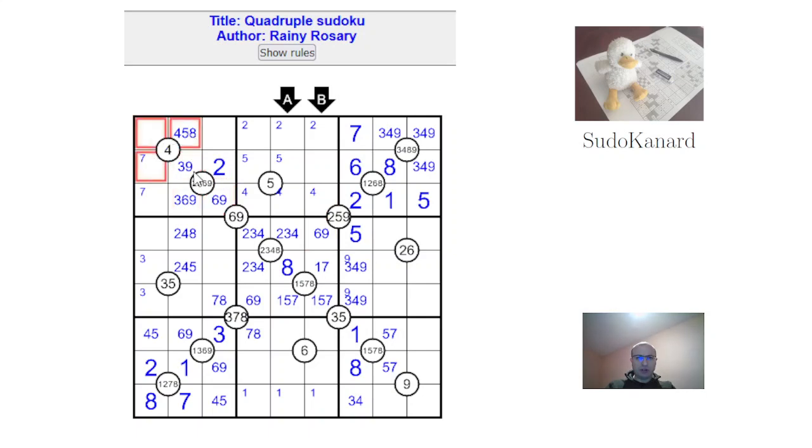There's a 4 somewhere here, and we have those 4 digits. The remaining 4 digits are 1, 5, 7, and 8. And look at that, it can't be 1, 5, or 8, so it has to be a 7.